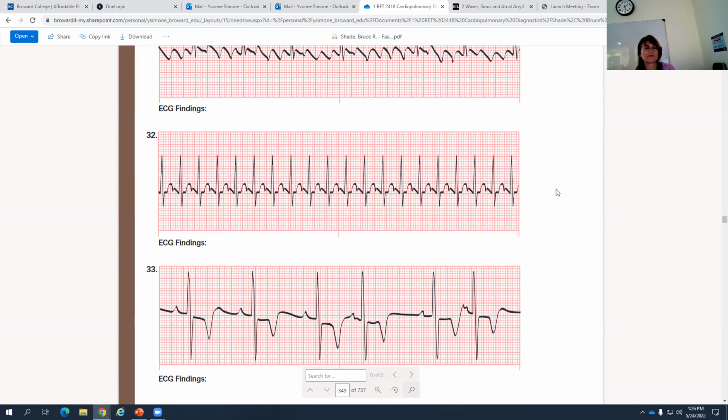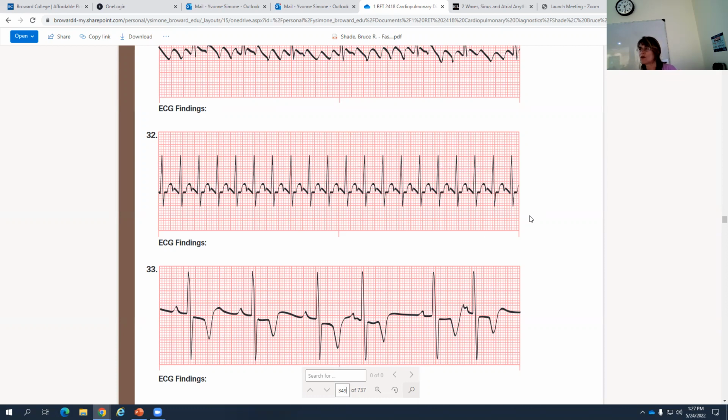Is it too fast to be sinus tachycardia? 1, 2, 3, 4, 5, 6. Yeah, a rate of 200 per minute. So 200 per minute, that's faster than the SA node can fire. But we know the impulse started somewhere in the atria because we see a normal QRS.